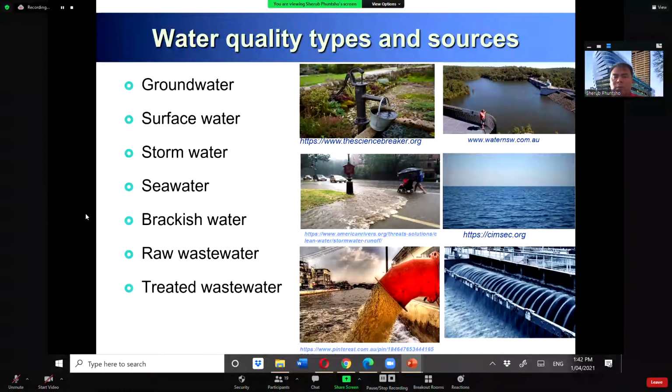In many parts of the world, groundwater is a very important source of fresh water for drinking and also for agriculture. And surface water is in the form of lakes, rivers, and those sort of things, right? So this is also a very important part of the water sources for various uses, like drinking water.